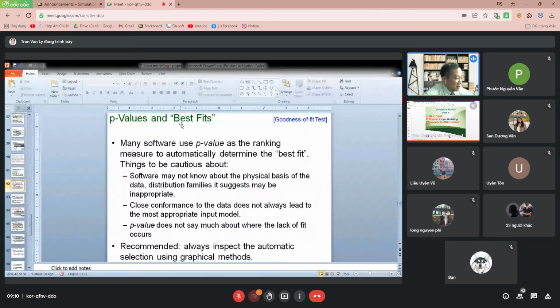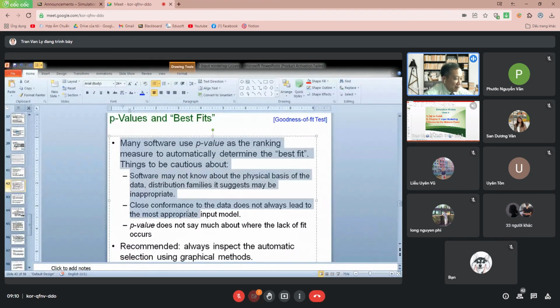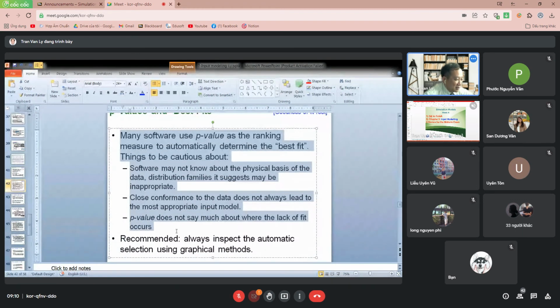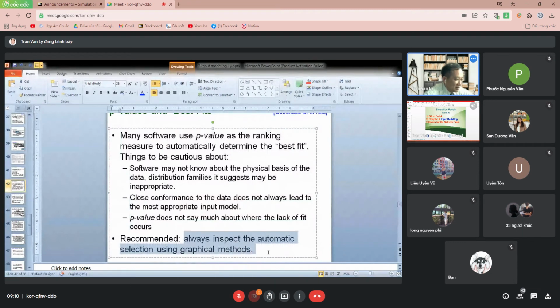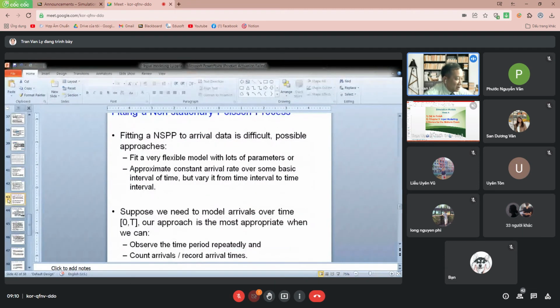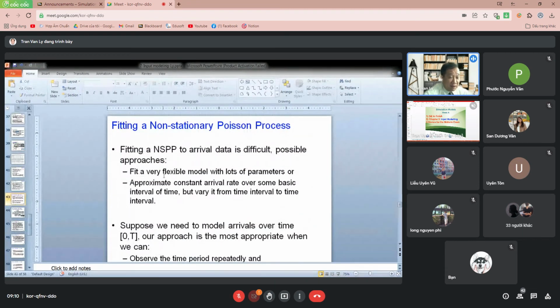So p-value and bad fit again. You always inspect in order to do so. This step is very important. If you have any data and you need to fit a non-stationary Poisson process, you should apply it.